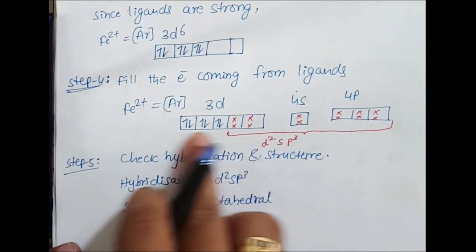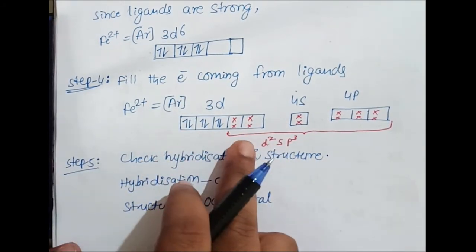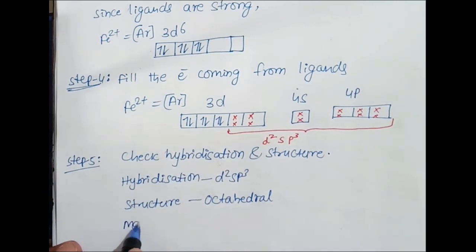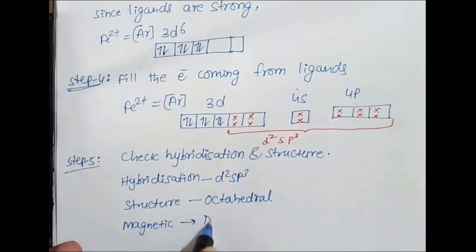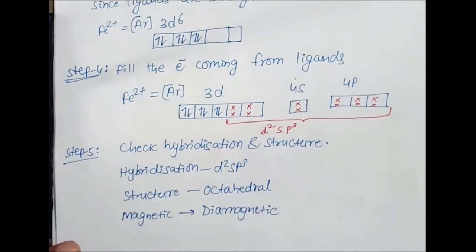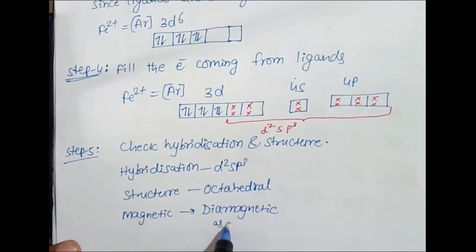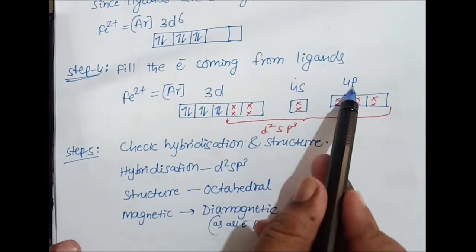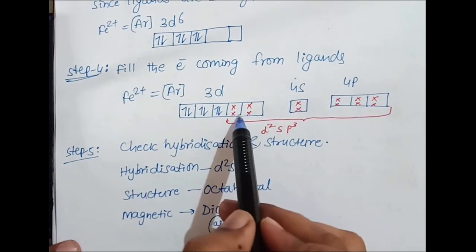And there is no unpaired electron. If all electrons are paired, then it is diamagnetic. So magnetic behavior is diamagnetic because all the electrons are paired up. And here, the fourth shell is the outer shell, the third shell is the inner shell.